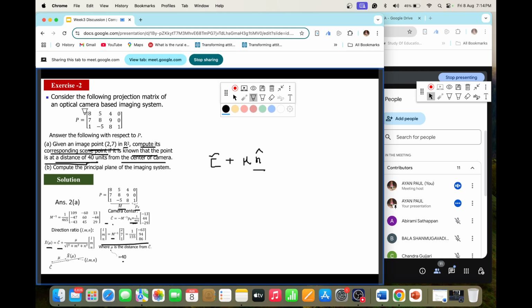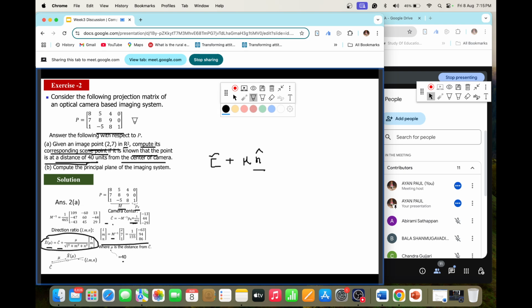Now in case of this image and projection matrix, whenever we are doing projection of a real coordinate, it is actually non-invertible. That is why we have to take the help of this parametric equation, because it is invertible.